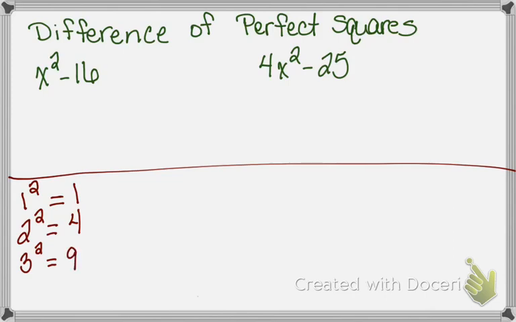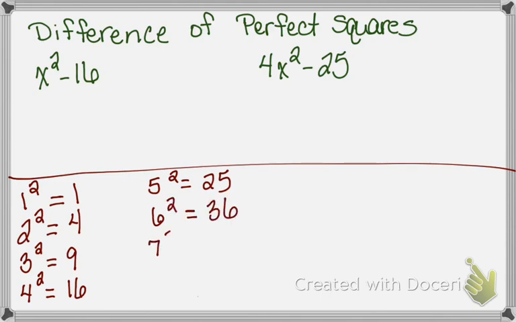Okay, so 3 squared, that's 3 times 3. 4 squared, 16. Okay, 5 squared, 25. 6 squared, 36. 7 squared, 49. Good. 8 squared. Okay, 9 squared. And 10 squared.